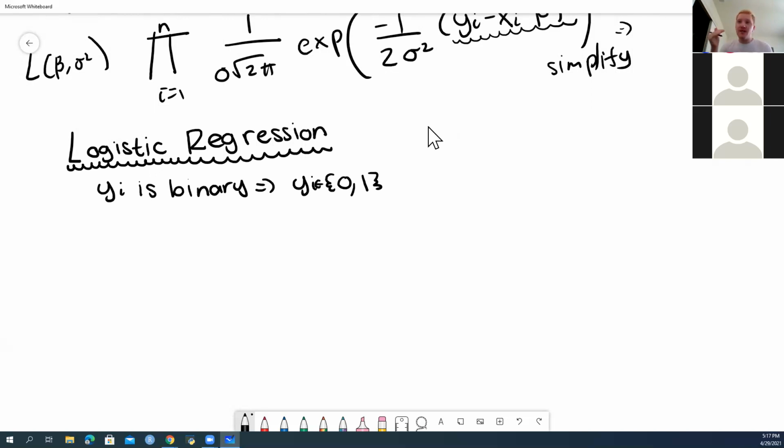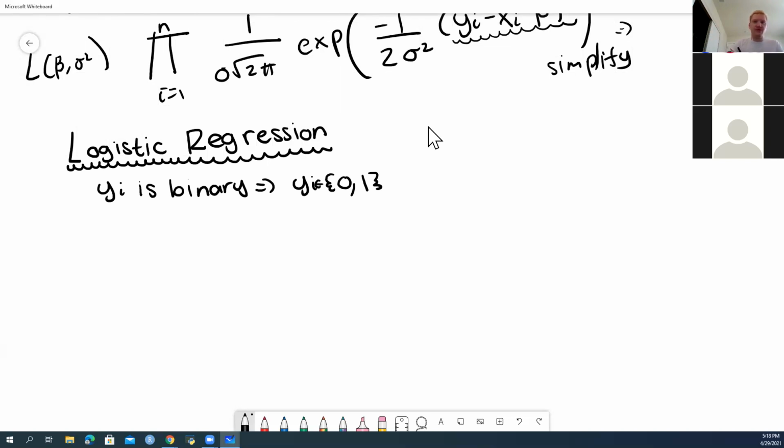We want to regress onto that, but the problem is that y can only be 0 or 1. So we want to create a situation where xi transpose beta, or our form of that, is between 0 and 1. We never want a prediction greater than 1 or less than 0. Then we do a cutoff, typically 0.5, and assign everything above to 1 and everything below to 0.